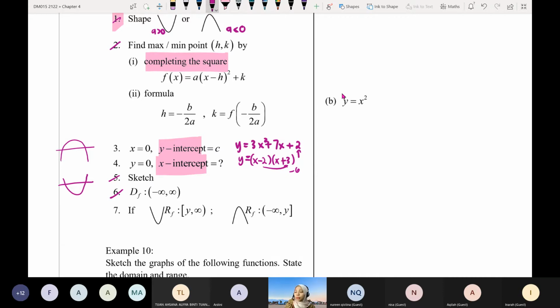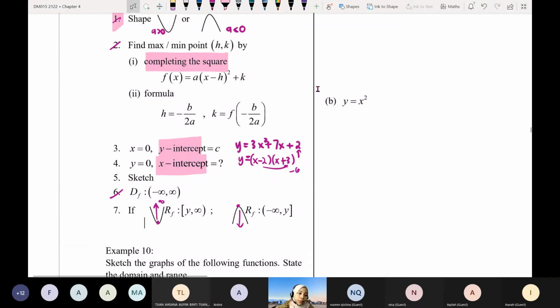There is no restriction, no holes anywhere. All x can be, and y values can be. Okay. Alright. And then the range is from the minimum point or the maximum point, going to negative infinity. Meanwhile, the range is from y up to infinity.